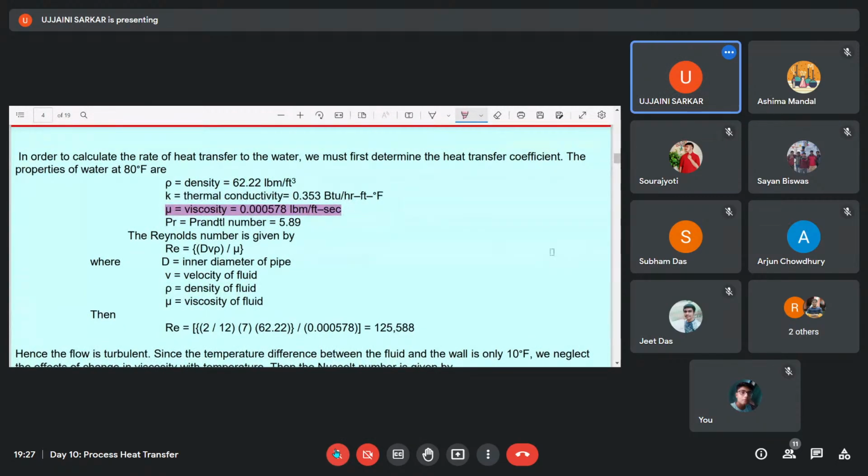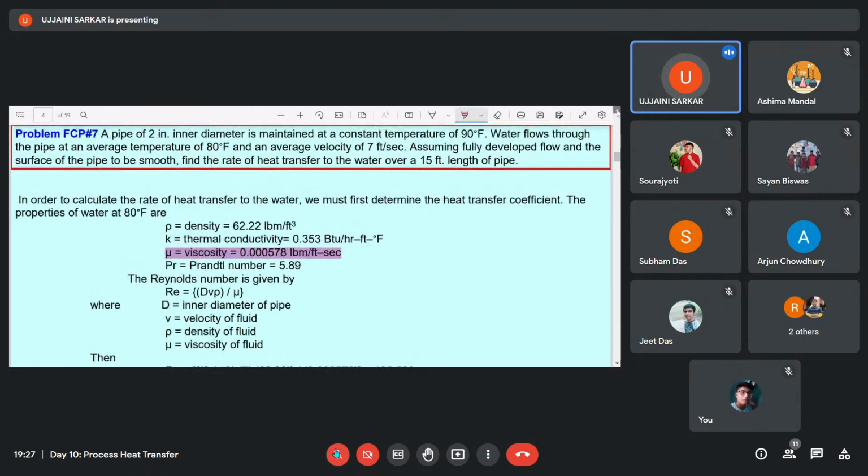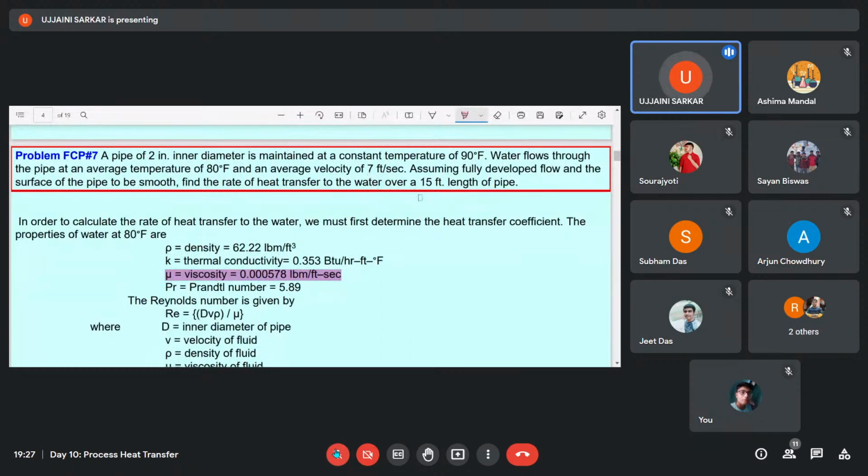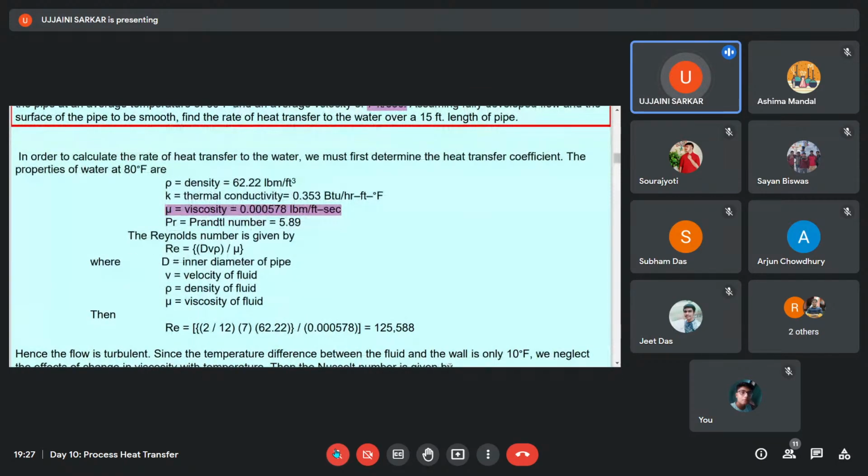The unit of mu, viscosity, in the previous problem was given in per hour. That's why we converted the average velocity to per hour. But because this is given in per second and the velocity is also given in per second, you don't have to worry. Just multiply D with V as such.